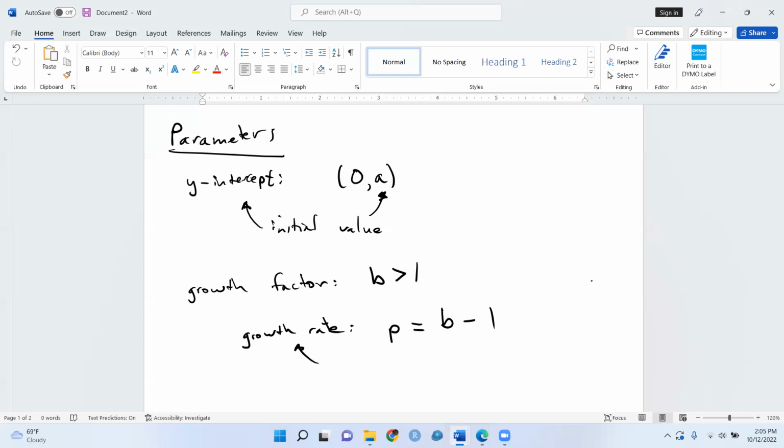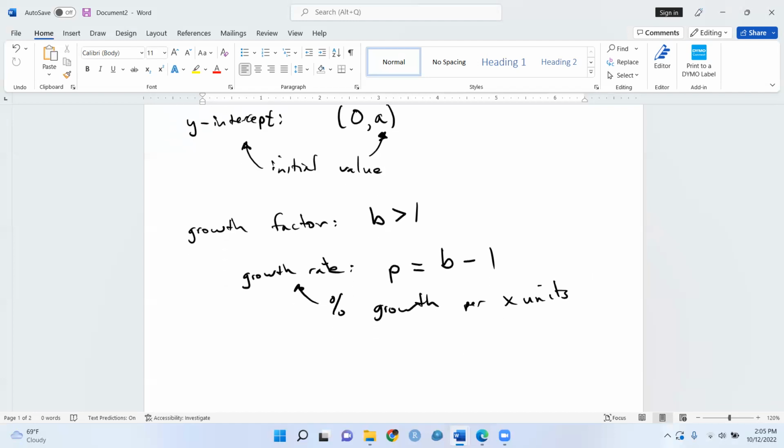What this means is it's the percent growth per x units, whatever that is: time, minutes, hours, people, whatever x is defined as. We call b a decay factor, like the problem we just did, if b is a number between 0 and 1.